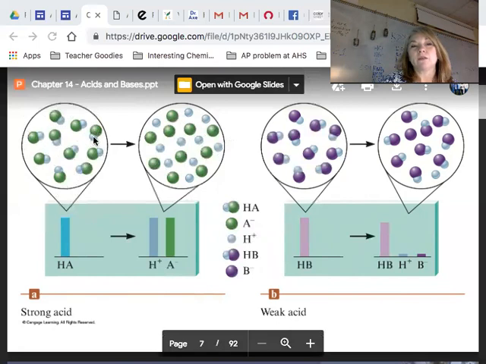The hydrogen, the little blue atom right here, is going to drop off, and you have the anion that's going to drop off. So 100% of your strong acid, which we symbolize with the letters HA, is going to become H positive and A minus. All of it, 100%.